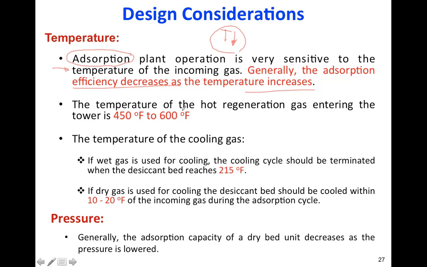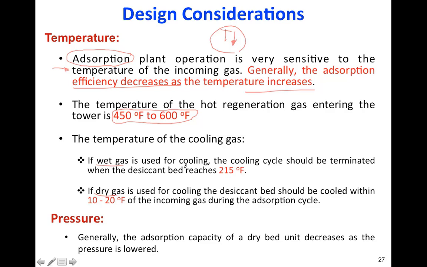The temperature of the hot regeneration gas is usually between 450 and 600 Fahrenheit. For the cooling gas that we use at the end to cool and pressurize the column, it depends. For that cool gas, we can use wet gas or dry gas.